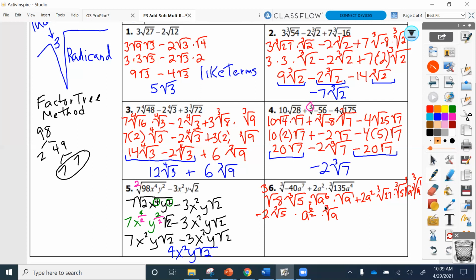No, cube root. Let's see, where am I here? Okay, I'm still 6 over 2 and cube root of a. Let's make sure that looks like an a.